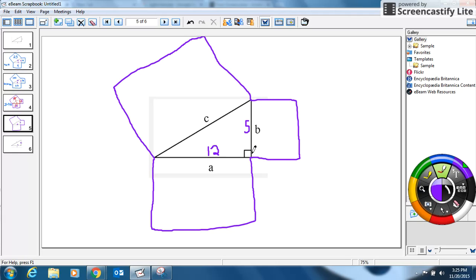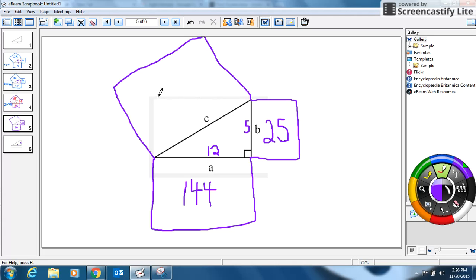So what is the area of this square? Well, the side length's 5, so I know that the area will be 5 times 5, which is 25. Over here, side length's 12. 12 times 12 I know is 144. So what I've learned is the square of the one leg added to the square of the other leg gives me the area of the longest side.